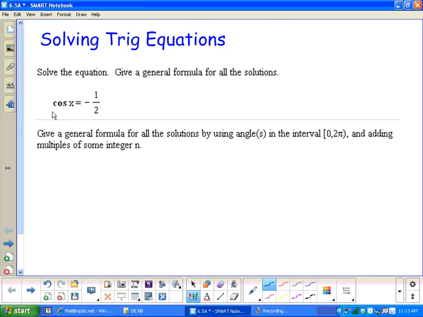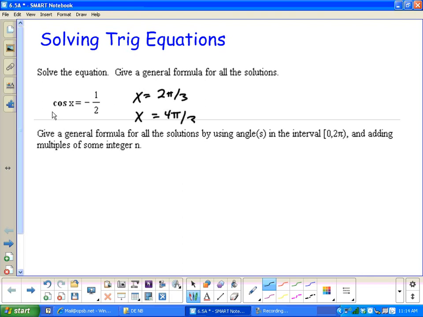That would be 2 pi over 3, so x is 2 pi over 3. Most of them are going to have two solutions. Where else is the cosine negative 1/2? Yeah, 4 pi over 3.